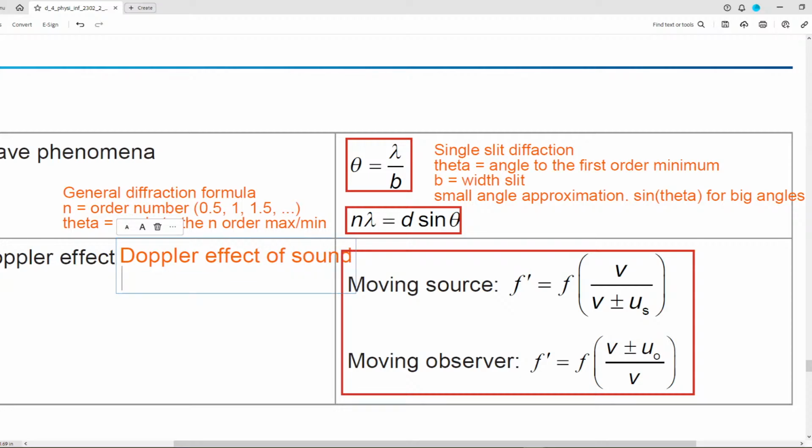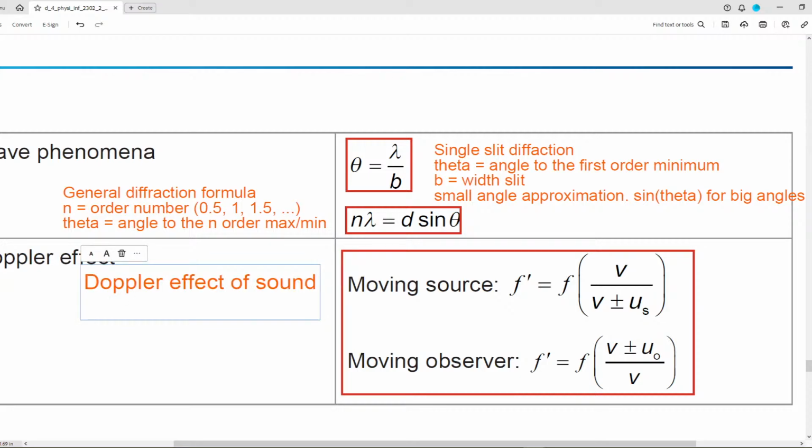All right, same thing. I'm not going to repeat this in writing, but I verbally say that frequency will increase when you move towards. Frequency will decrease when you're moving away. This one gives you a more accurate calculation on just how much frequency changes. It actually tells you exactly what the frequency is because f prime is the apparent frequency.